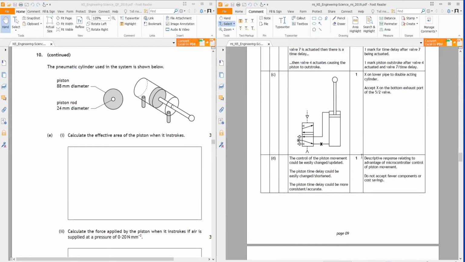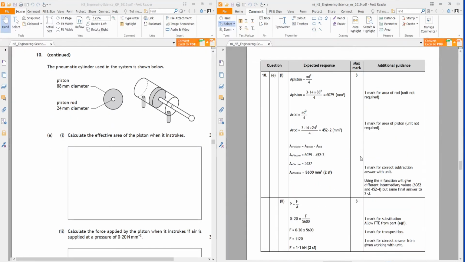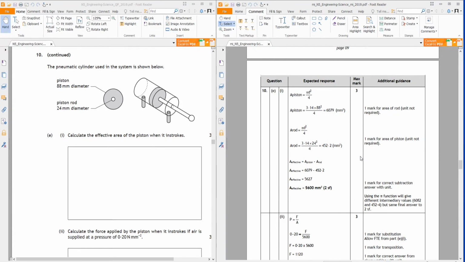Now, this one wasn't very well done either. Now, the trick in doing it, if it's the in-stroke, right, the rod is getting in the way. The rod of the piston is getting in the way. So you've got to calculate the piston diameter and then subtract the rod diameter.